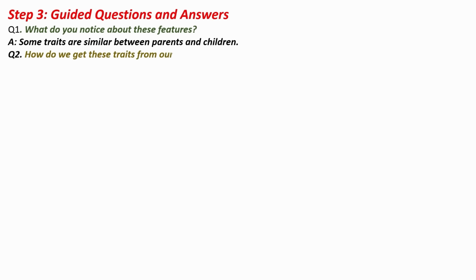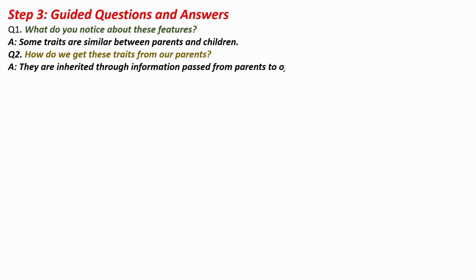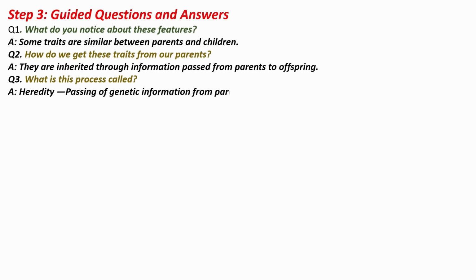How do we get these traits from our parents? They are inherited through information passed from parents to offspring. What is this process called? Heredity, passing of genetic information from parents to offspring.